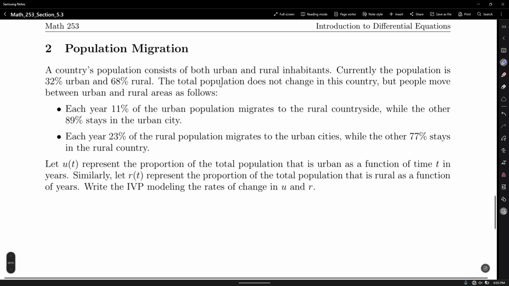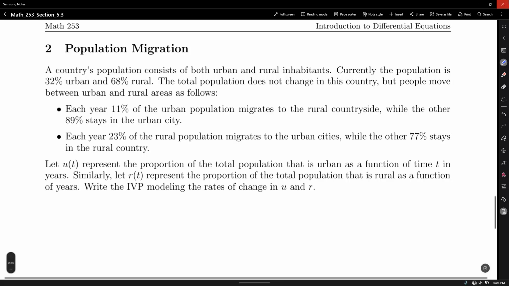Each year, 11% of the urban population migrates to the rural countryside, while the other 89% stays in the urban city. Each year, 23% of the rural population migrates to the urban city, while the other 77% stays in the rural country.